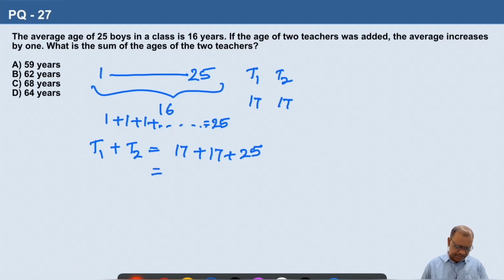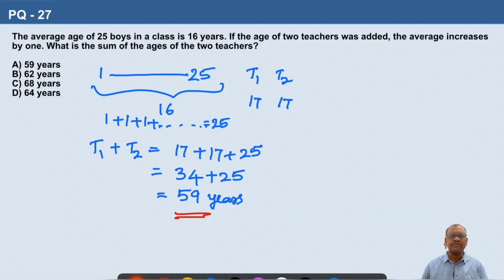So 17 plus 17 is 34, plus 25, that is equal to 59. This is the sum of the ages of the two teachers. So the correct answer is option A.